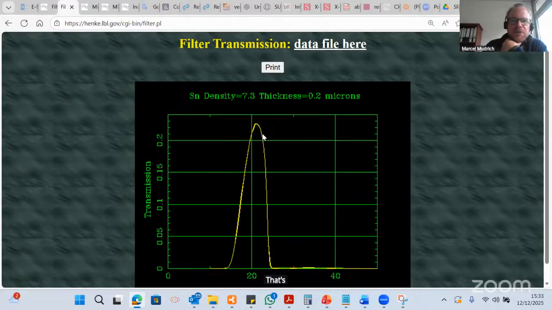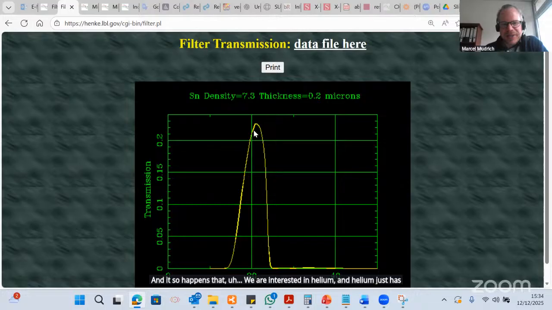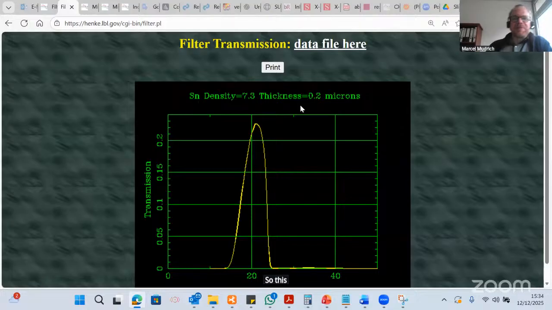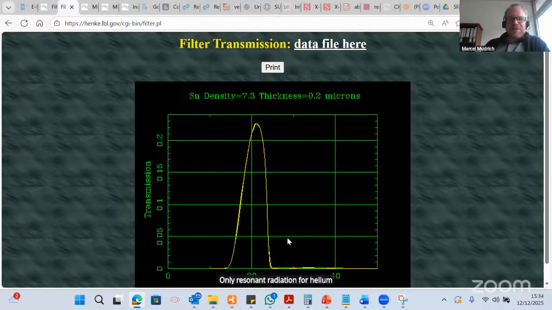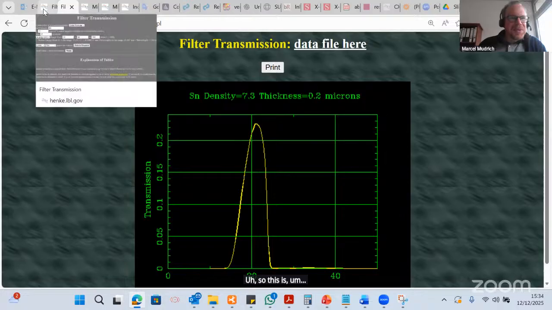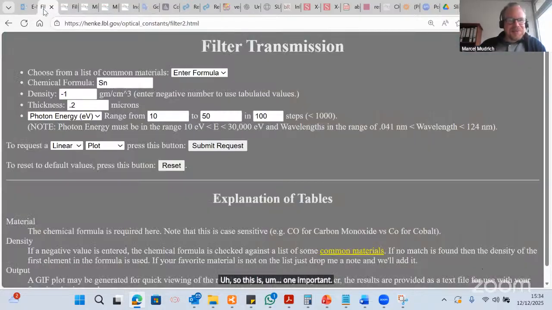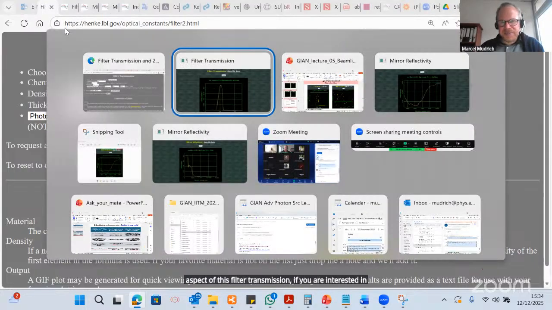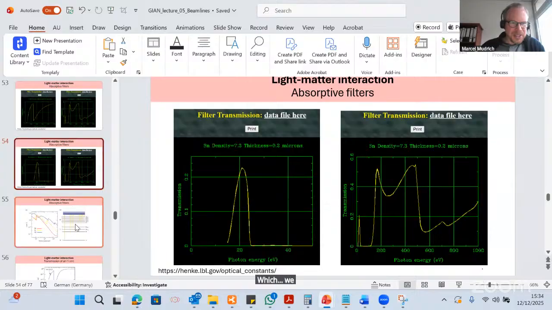That's EUV, that's not X-ray, but still. And it so happens that we are interested in helium, and helium just has it. The lowest excited states of helium are around 20 eV. So this is a nice way to filter out only resonant radiation for helium and get rid of all the rest. So this is one important aspect of this filter transmission if you are interested in EUV experiments, which we traditionally are a lot.